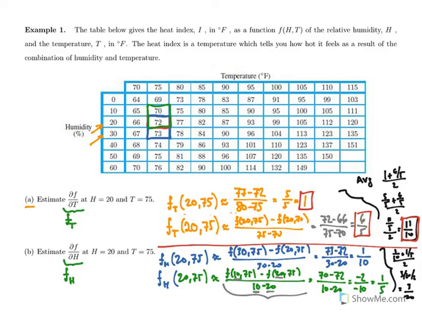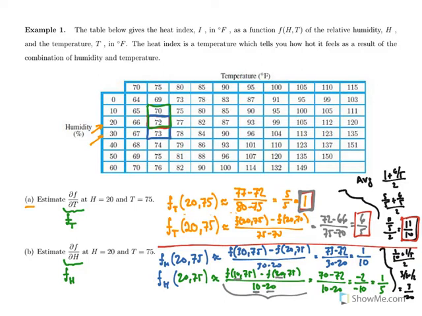So looking at what this actually means, this is saying that if you increase the temperature at this point, the heat index is going to go up. If we look at just the value of 1, we're saying that if we increase the temperature by 1 unit, the heat index should go up by 1 unit at this point.